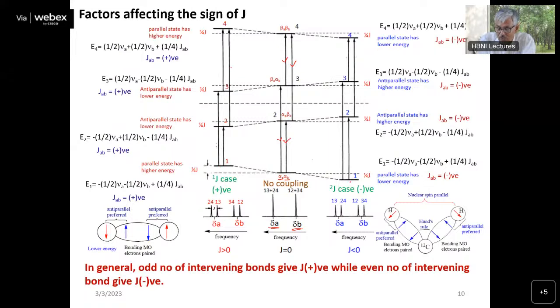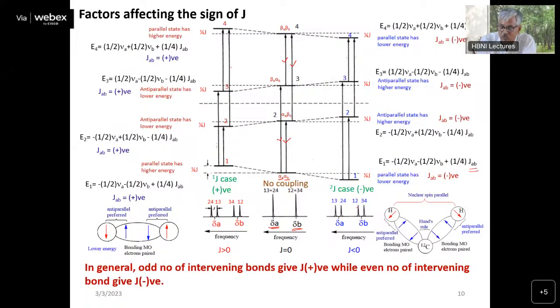So that's why J is negative, because it is now coming down. If you see the equation, only when J becomes negative can this come down.